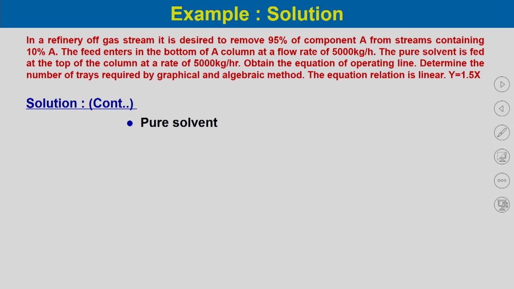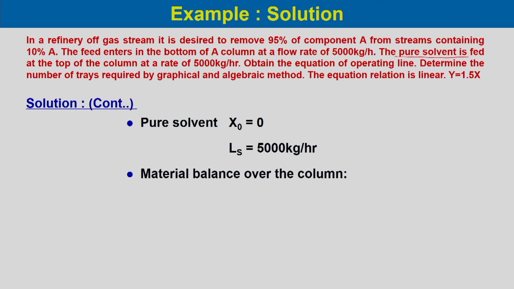Now, it is given that the solvent which enters is a pure solvent, so x naught would be 0, and Ls would be 5000 kg per hour, which is given, since it is on a solute-free basis. Doing a material balance over the column, Gs into y n plus 1 minus y 1 would be equal to Ls into x n minus x naught.